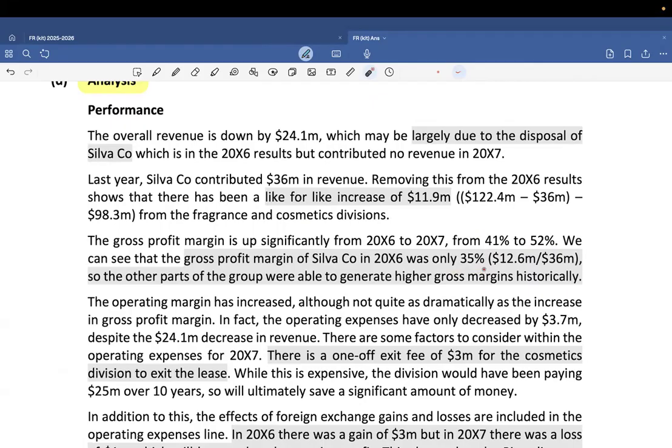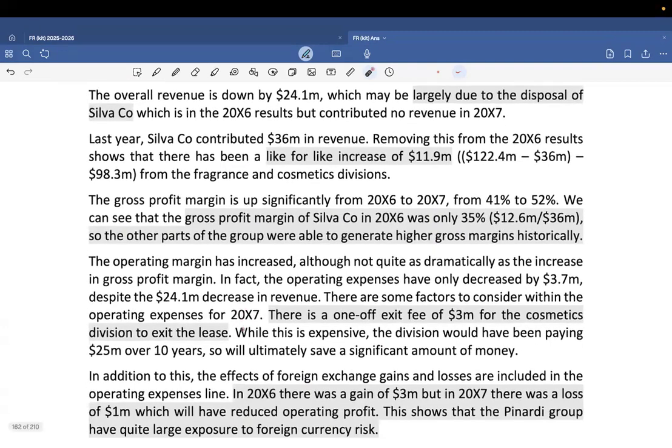So from Silva Company alone, it was 35 percent. That means Pinardi's other group companies were able to generate a profit which was very good. Clear? Understood?